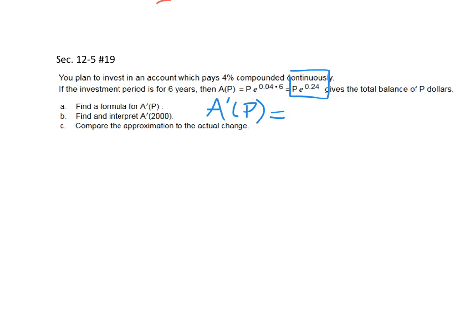This is similar to finding the derivative f prime of x if what you actually have is f of x equal to 2x.